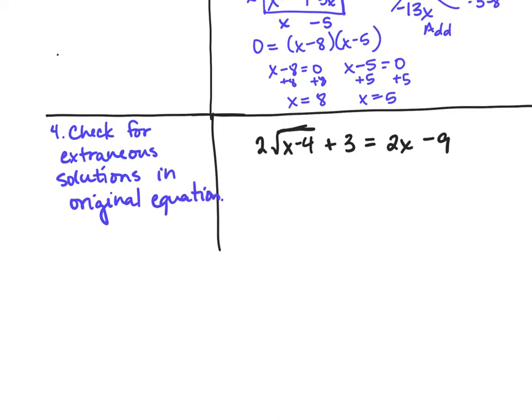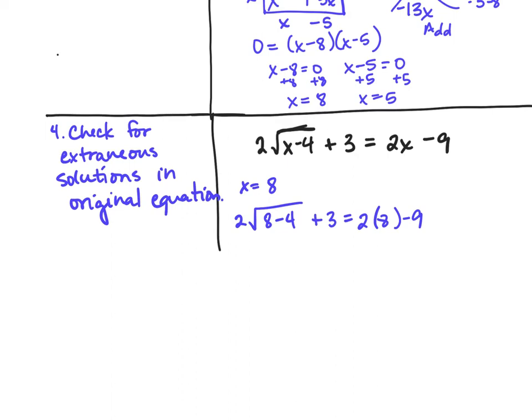So my two solutions, 8 and 5, I'm going to check those separately. So first off, x equals 8. So 2 times the square root of 8 minus 4 plus 3 equals 2 times 8 minus 9. So I took my 8 and I put it in here and here.